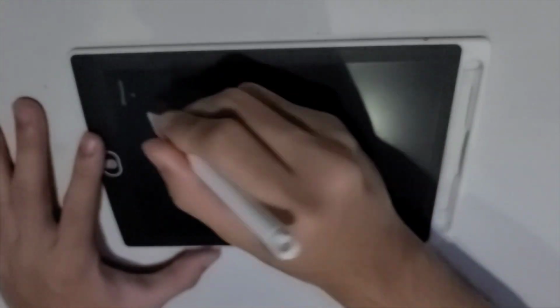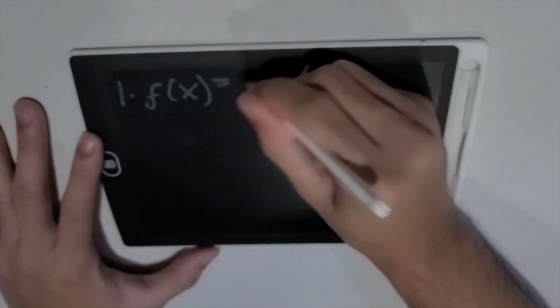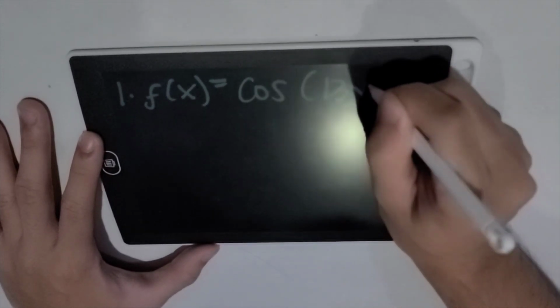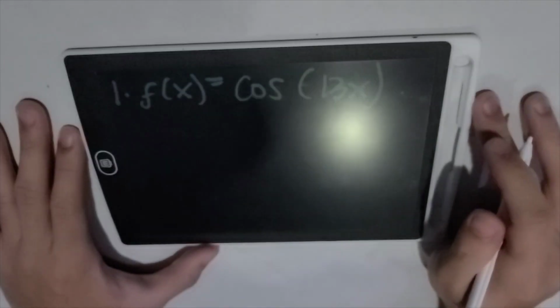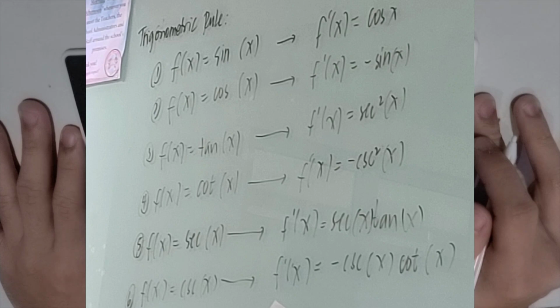Our next rule is a trigonometric rule. Our first example is f of x is equal to cos 13x. Before we answer, here is a screenshot of the corresponding derivatives of each terms. So I'll let you take a look.